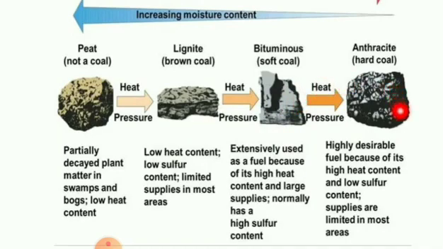So this anthracite is a highly desirable fuel because of its high heat content and low sulfur content. Supplies are limited in most areas. So where do we use this anthracite? In limited areas only, because the sulfur content present in anthracite is very low compared to bituminous. Do you follow, students?